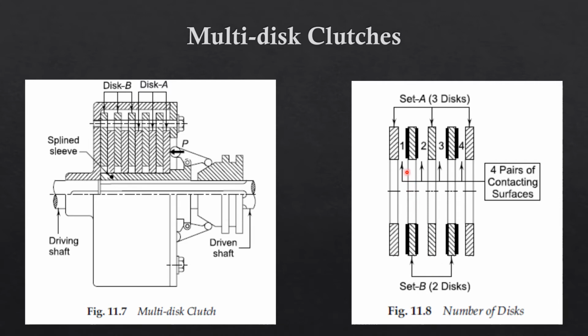You can actually see here: 1 here, 2, 3 and 4. Therefore 4 pairs of surfaces are in frictional contact when you have a 5 disc set. So with this information, we will now move on to the problem statement of solved problem number 4 in the next slide.